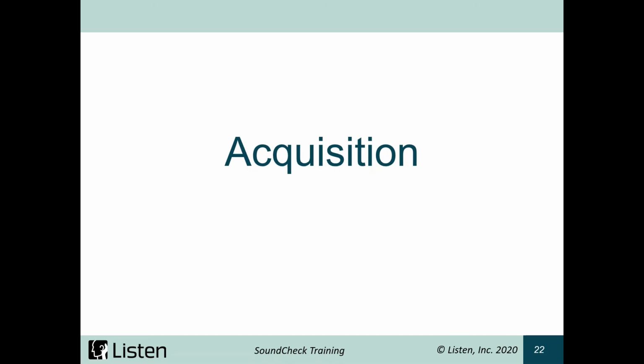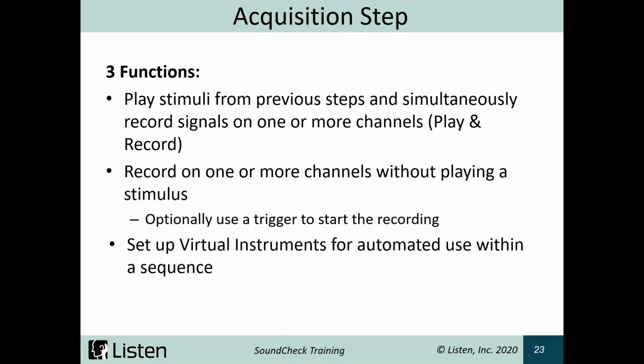So using the stimulus step, we've defined the waveform that we want to use for testing. Now, how do we take that and apply it to our device under test? We're going to use an acquisition step. There's three main functions of the acquisition step.